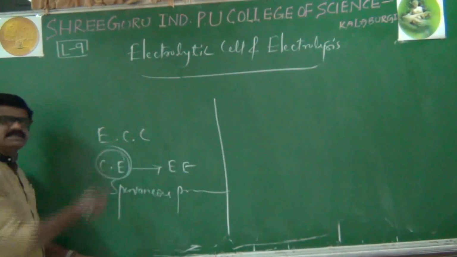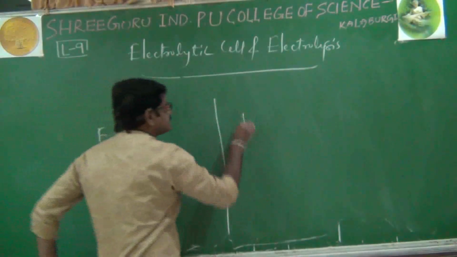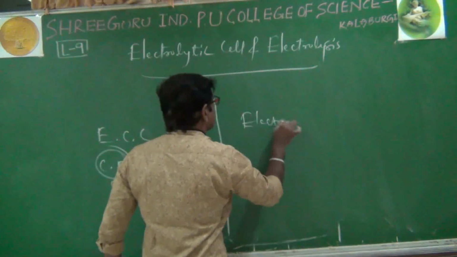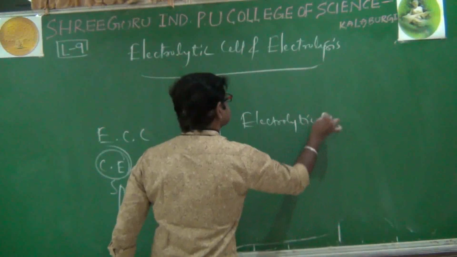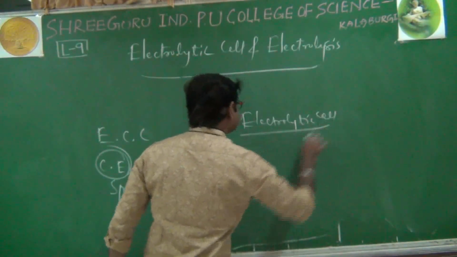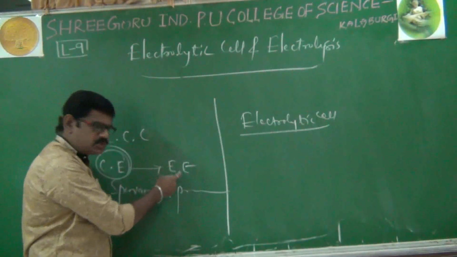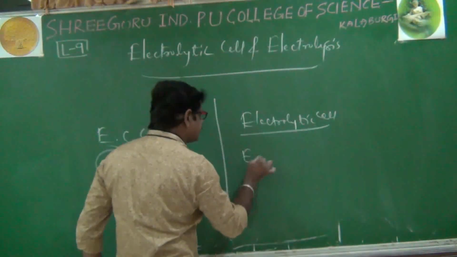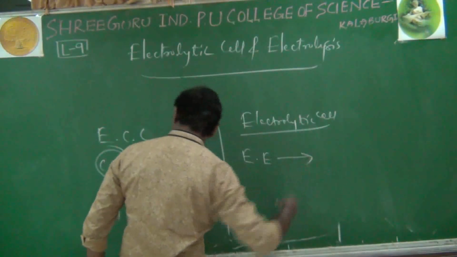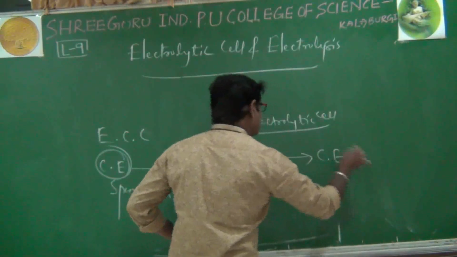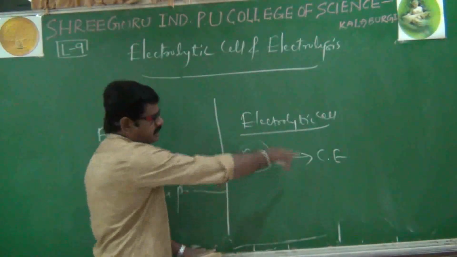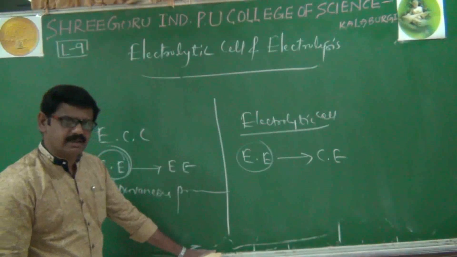But in an electrolytic cell, the process is completely reverse. Due to current, electrical energy is converted to chemical energy; due to current only, chemical reactions take place.